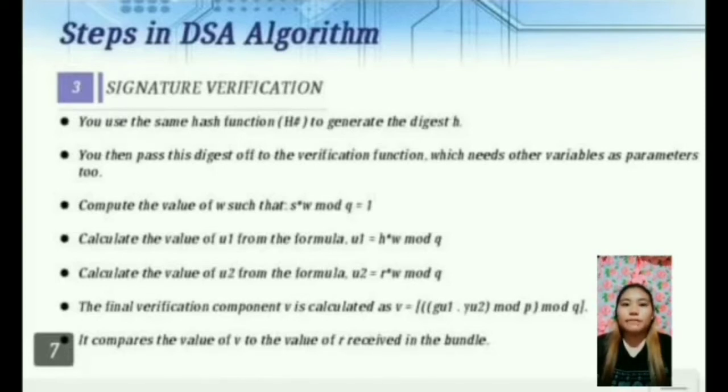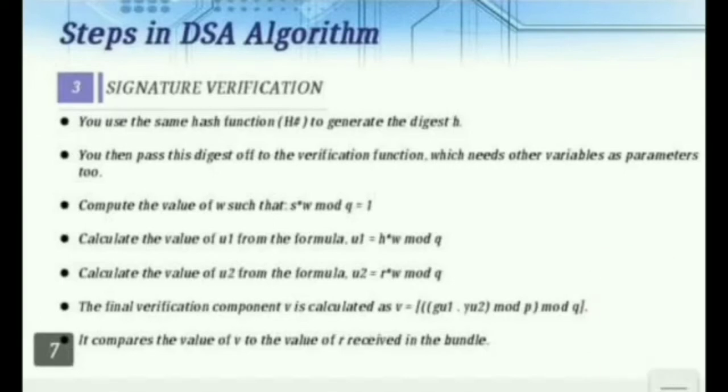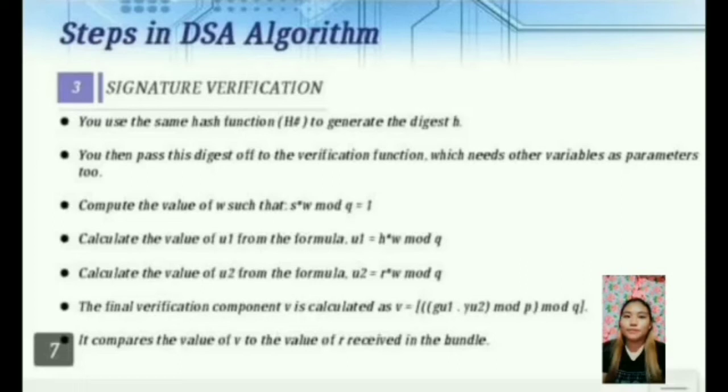Calculate the value of u1 from the formula u1 equals h times w mod q. 5. The final verification component v is calculated as v equals (g^u1 times y^u2) mod p mod q. Then, at the last, it compares the value of v to the value of r received in the bundle.